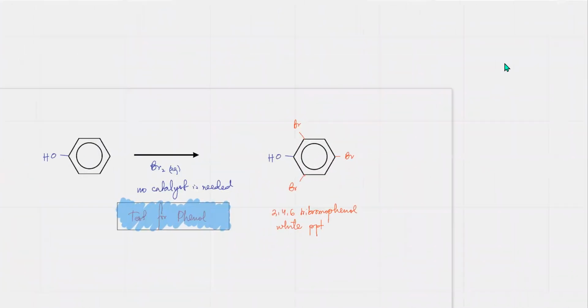So I'll just add amines. Amines kind of have the same reaction. It's activated as well. This one is obviously not used as a test. No catalyst is needed again, and this time it's a phenylamine, and this one is 2,4,6-tribromophenylamine.